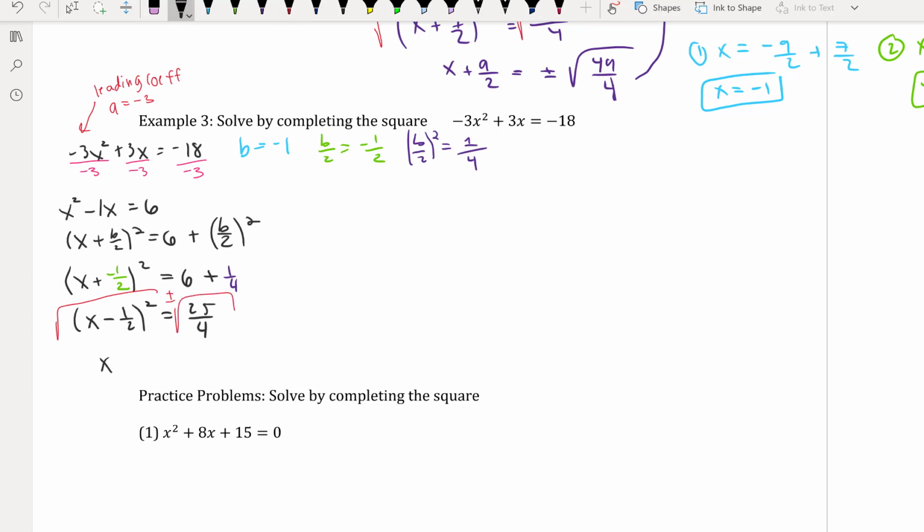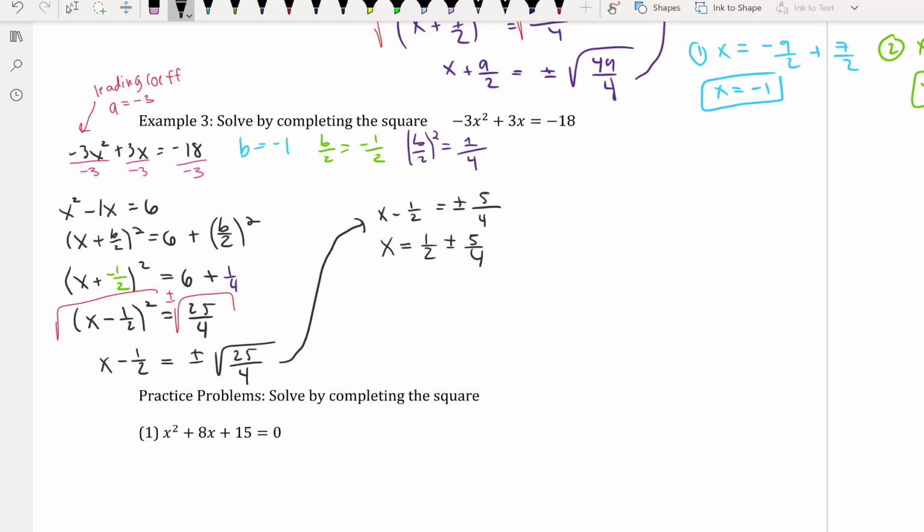So now I'll get x minus 1/2 is equal to plus or minus the square root of 25/4. So x minus 1/2 is equal to plus or minus, well, the square root of 25 is 5. The square root of 4 is 2. Now I'm going to add the 1/2 to the opposite side. So x is equal to 1/2 plus or minus 5/4.